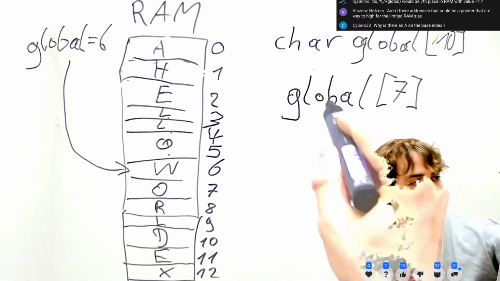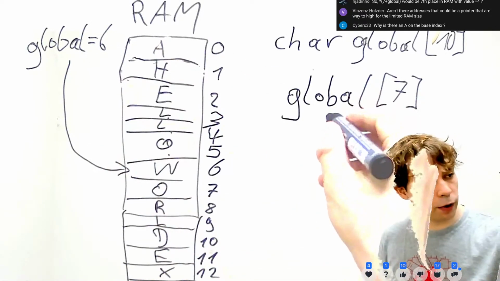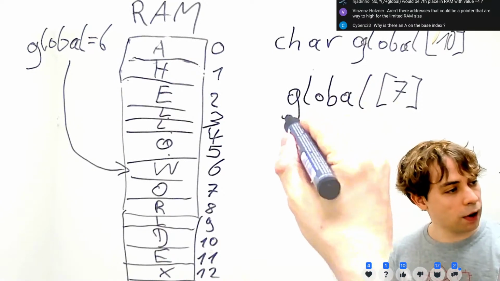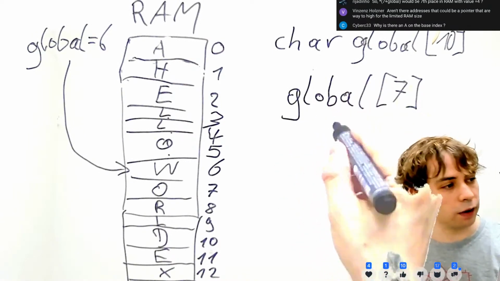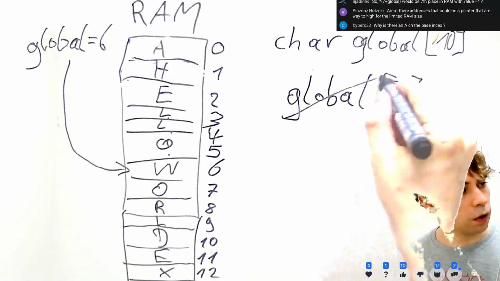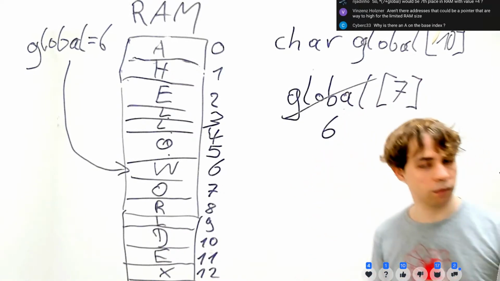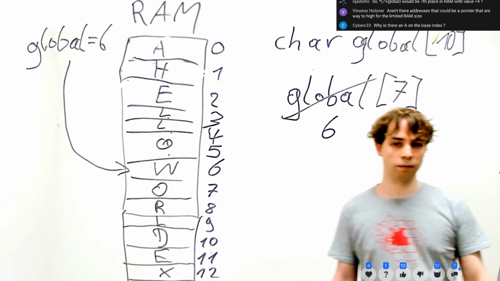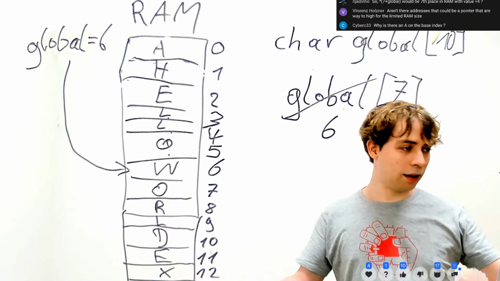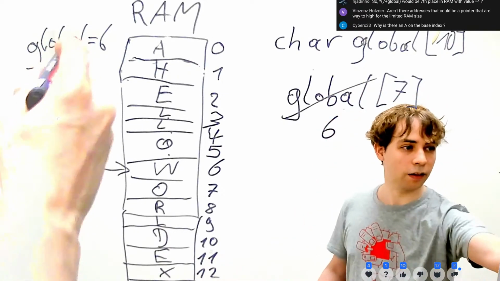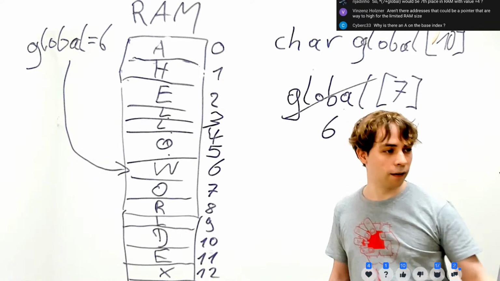The hardware or the compiler will just replace this global, like in a math equation, and say, well, this becomes 6. That's the value of global, 6.